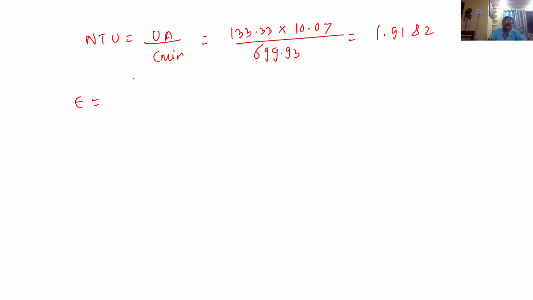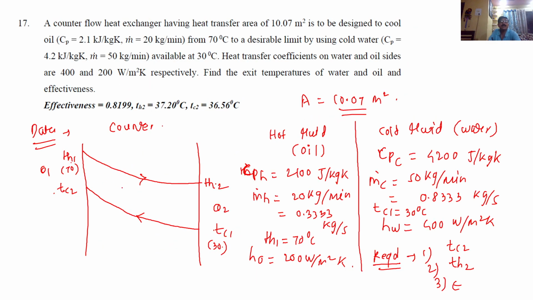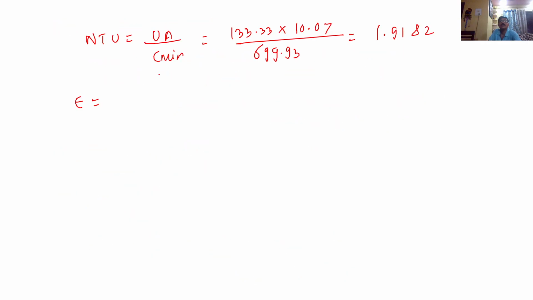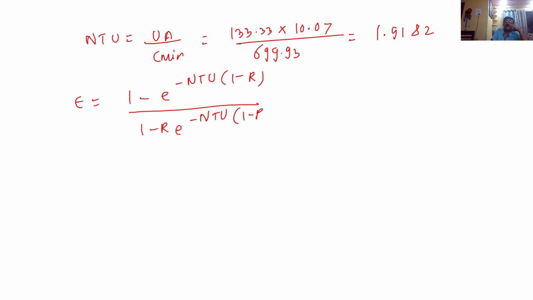What is that? Effectiveness is equal to, this heat exchanger is of which type? Counterflow type. So for a counterflow heat exchanger, the formula is 1 minus e raised to minus NTU (1 minus R), divided by 1 minus R e raised to minus NTU (1 minus R).